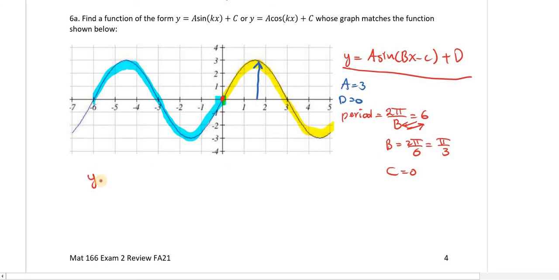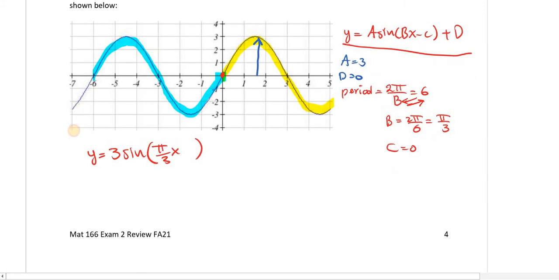I will have y equals 3, the amplitude, sine(pi over 3 x - 0), and then plus 0, which is the vertical shift. So this is the final version of the equation.